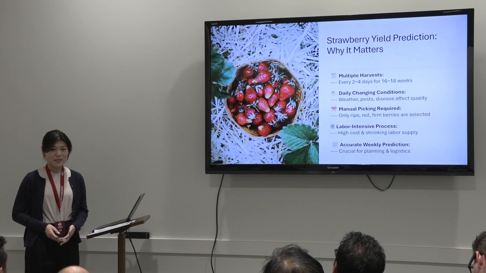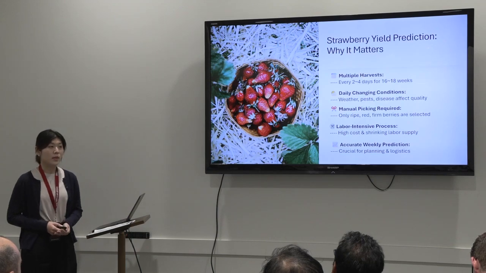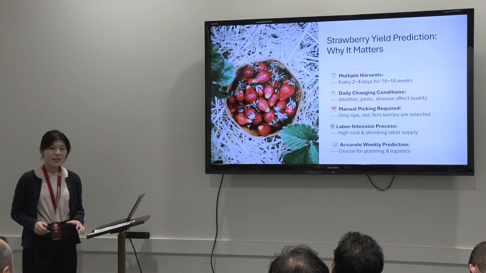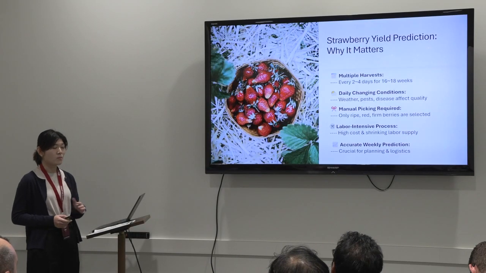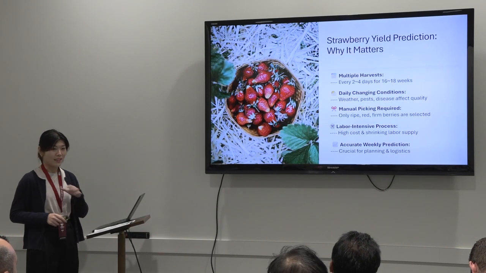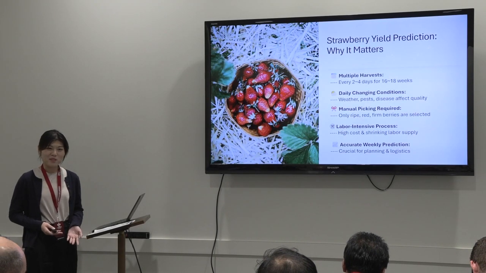All of this can impact the quality. And also, because so far we mainly harvest strawberries by manual picking, if you drive past the fields in California or in the South or North Florida, you can see so many workers picking in the field, which is very labor costly.